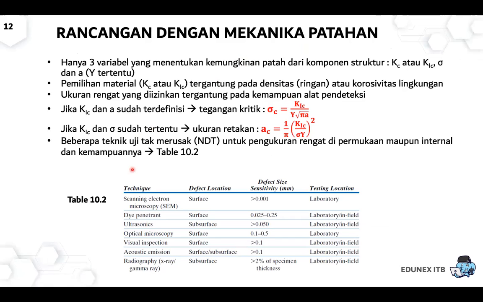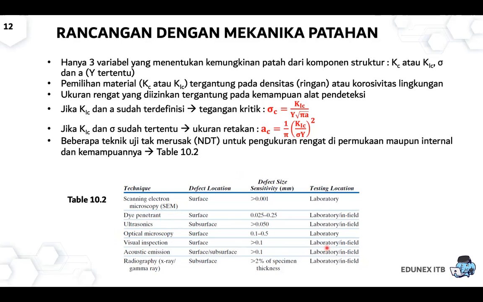First, this one in table 10, all the techniques that I explained to you before, how to check the flaw and also the crack on the surface or inside the metal, for example using scanning electron microscope in the laboratory, dye penetrant for the surface or ultrasonic for the subsurface, or using optical microscope or visual inspection or acoustic emission, and also X-ray, either in the laboratory or in the field.